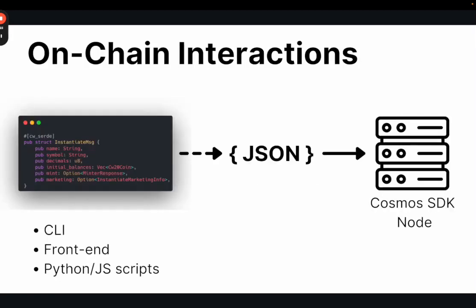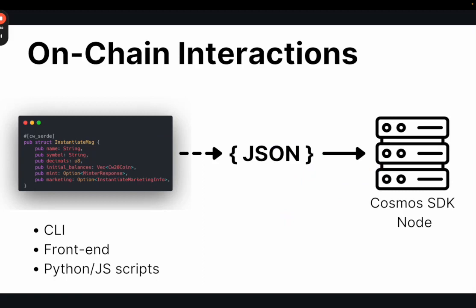So these are generally on-chain interactions, and when you're interacting with a live contract, you take the struct definition, which would be in this case an instantiate message. You would transform this into JSON, and you would send this over to the Cosmos SDK node to execute that transaction on a chain.